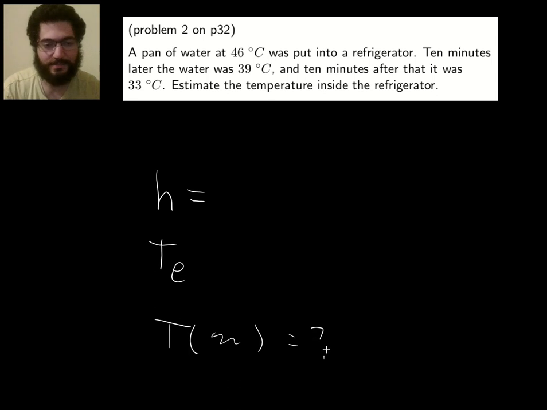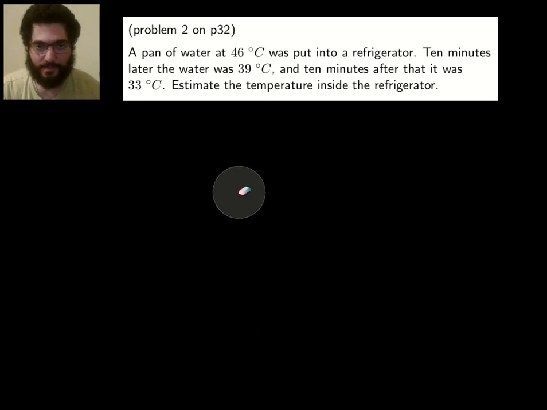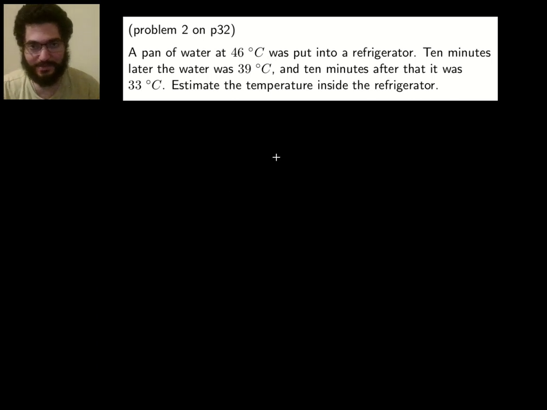Sure, we can do stuff like that, but we can have partial information in any number of ways and find ourselves having to piece together our partial information and the law, which is a differential equation, Newton's law of cooling in this case, and fill in the gaps and figure something out. So this is maybe a typical situation.